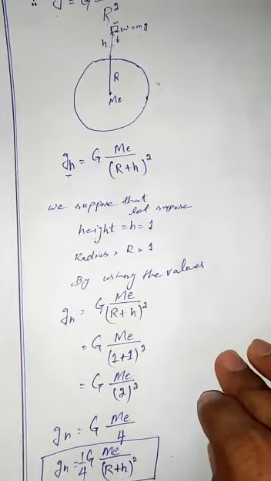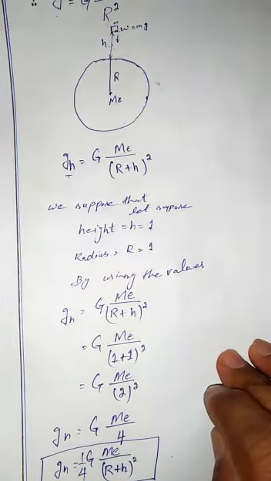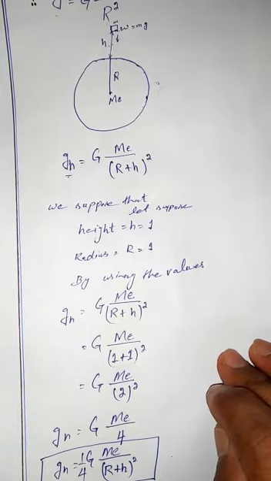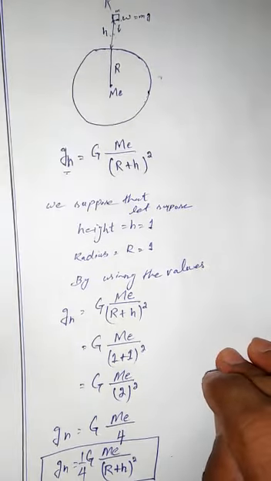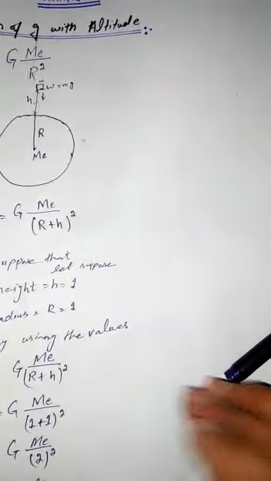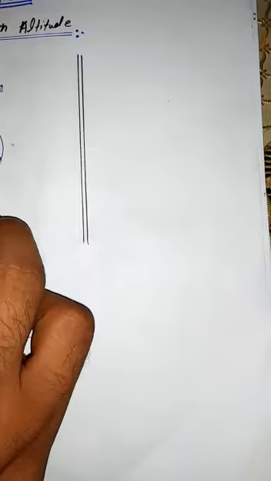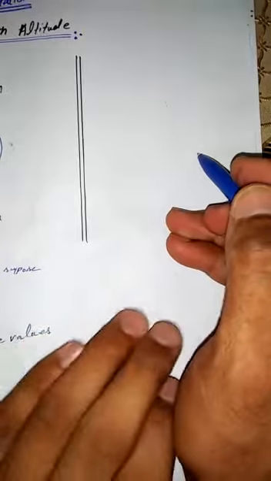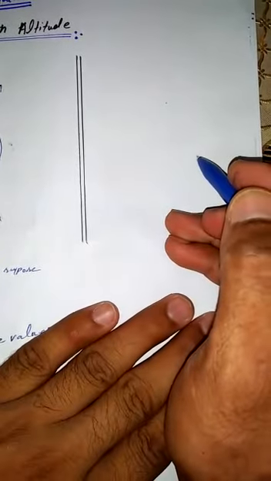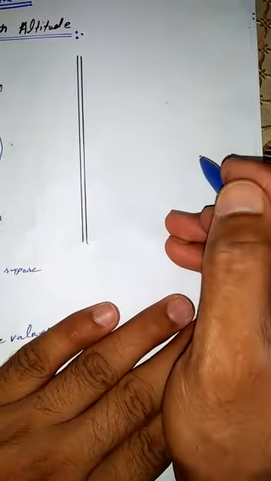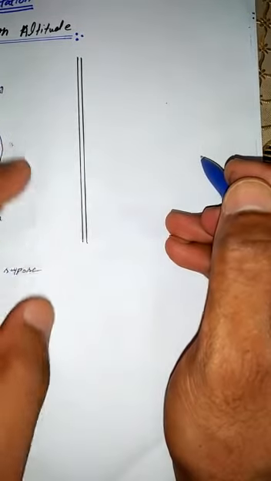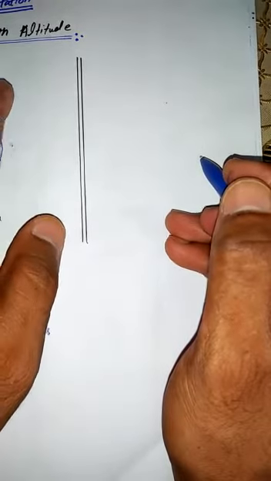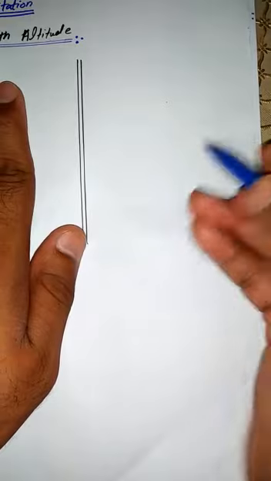Similarly, if we take 2 earth radii, it will become 1/9 of the value on the earth. Let's solve this. Now we take a distance of 2 earth radii above the earth's surface. The value of g becomes 1/9 of its value on the earth.